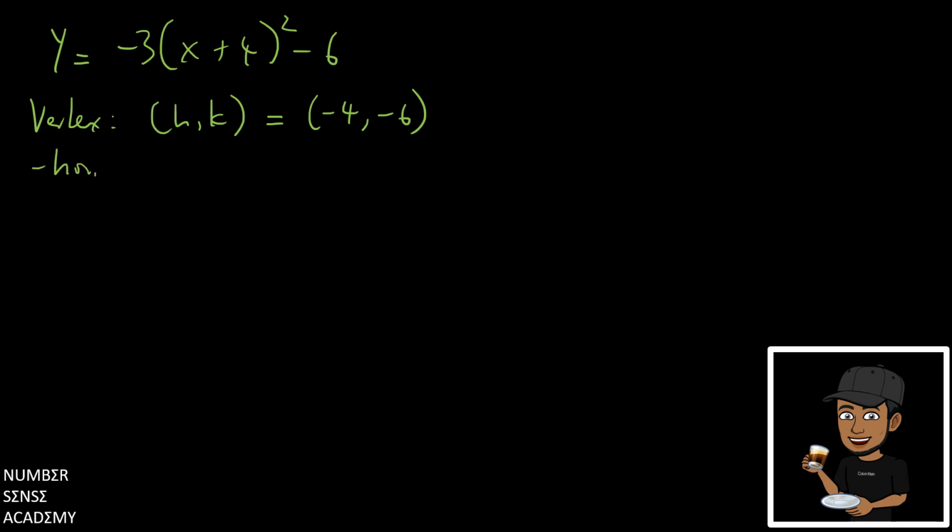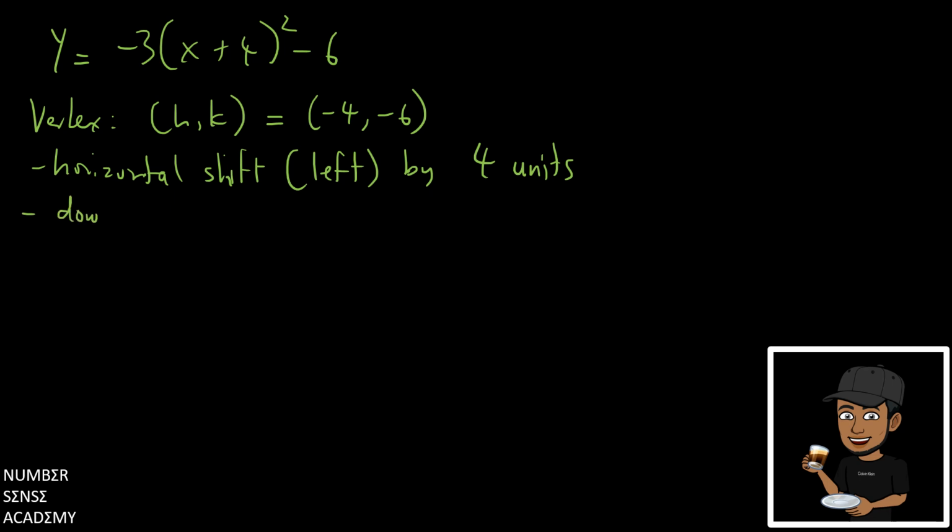I have a horizontal shift left by 4 units. 4 units to the left. I have a vertical shift, and that's downward by 6 units.